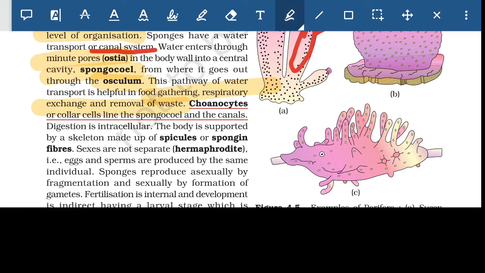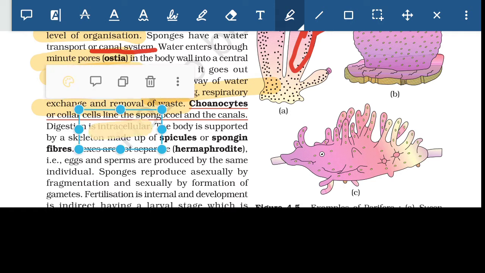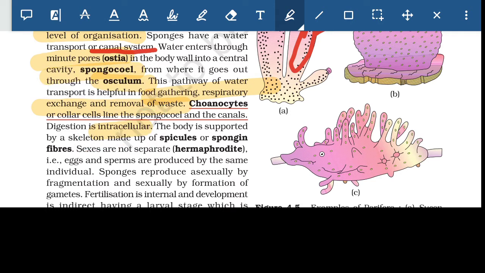Then digestion is intracellular, that means it takes place within the cell. See, though it is a multicellular organism, it does not take place in between the cells, it takes place in the cells. Are you getting the meaning of intracellular?